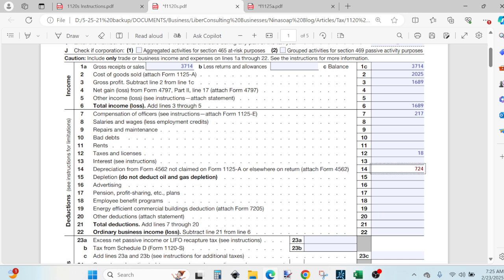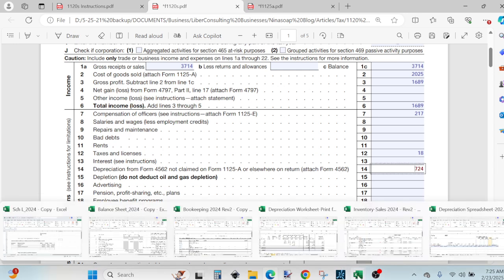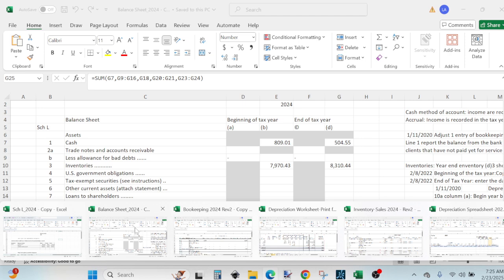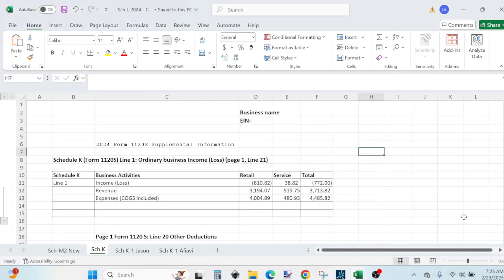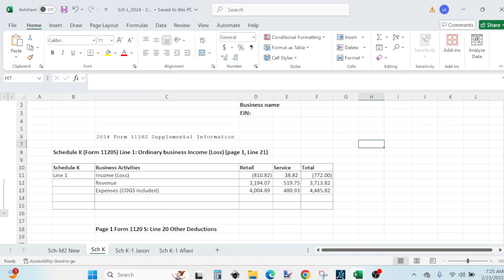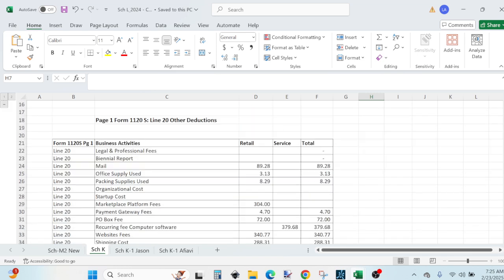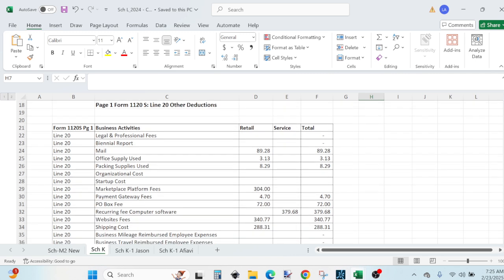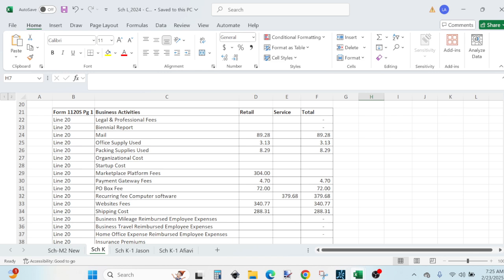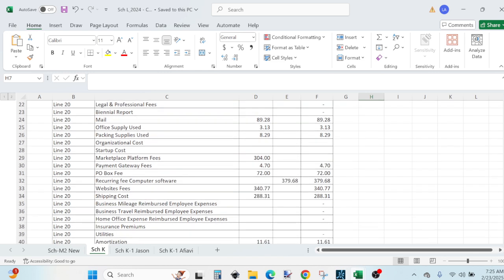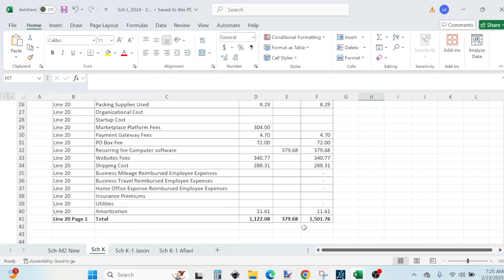Other deductions are just those deductions that you didn't find any specific line for here. They will say to add an attachment. So we are going to go back to Schedule L, and the draft attachment we have down there is just going to be your bookkeeping and things that you didn't have a specific line for, and it is 1502.